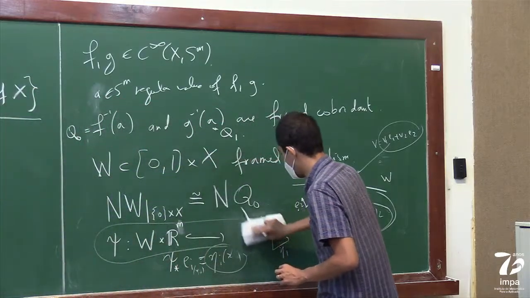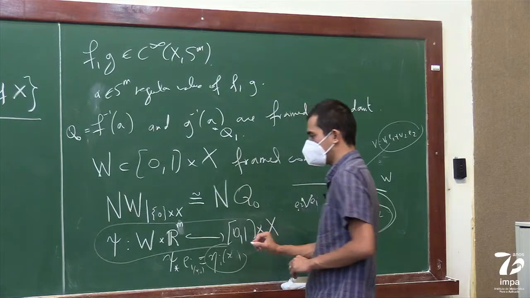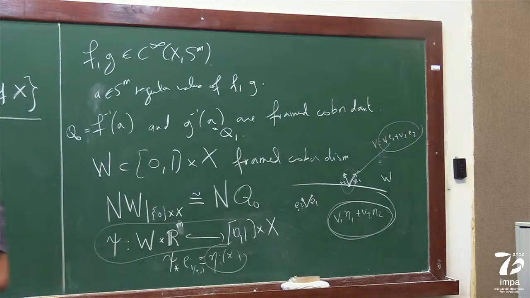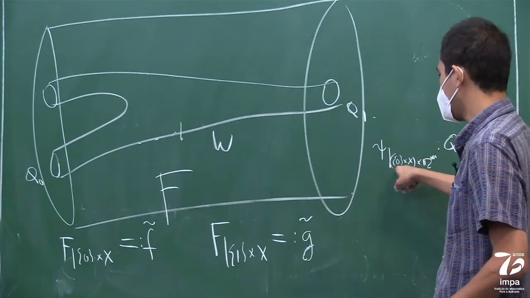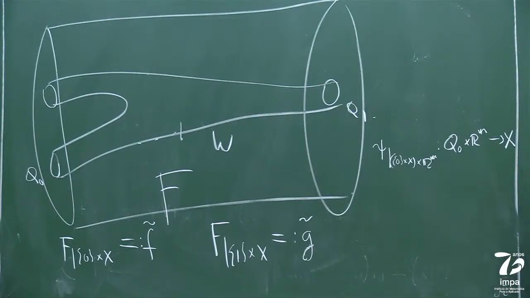It's into 0, 1 times x, because W is a manifold of 0, 1 times x. But anyway, when you restrict it to the intersection with 0 times x, you really get a map just into x. And it's pretty much the same map. It's just a restriction map. And it's the map that you obtain by taking the framing on q0 and exponentiating there.